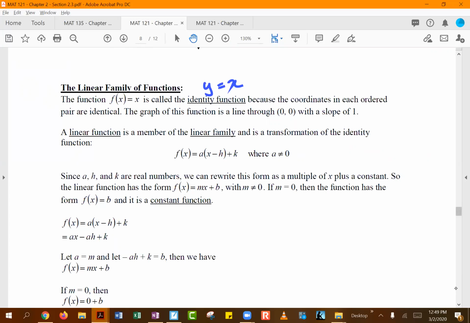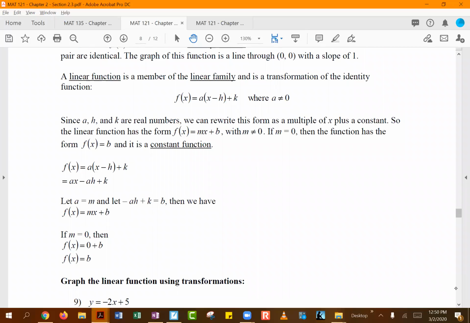The idea is, how does this transformation affect the linear family of functions? You can actually clean it up. If you have a, that gives you your stretching or shrinking, and if you put a negative on it, it becomes a reflection. The h gives you your horizontal transformation, k gives you the vertical transformation. You can write it from the transformation format into slope-intercept form.